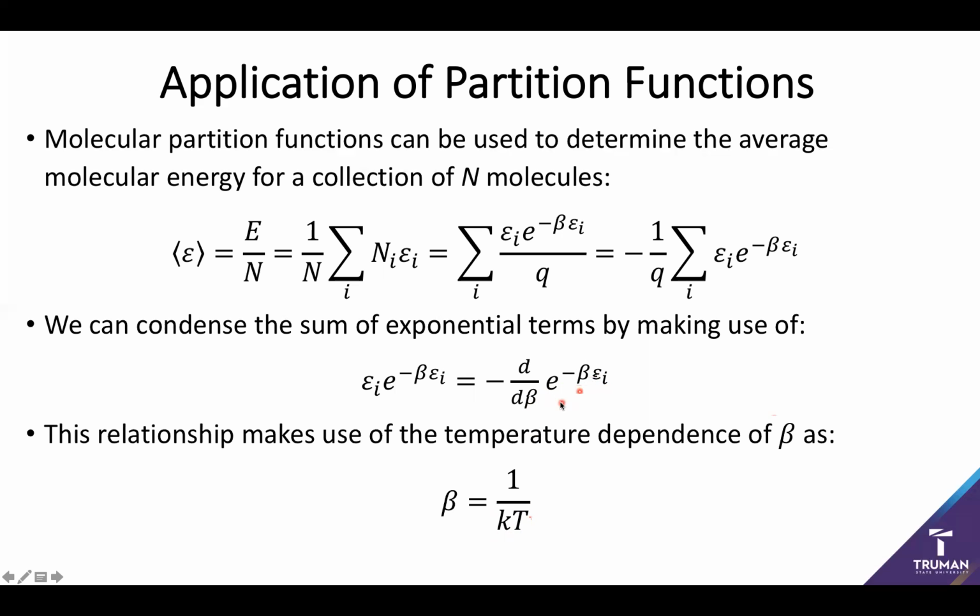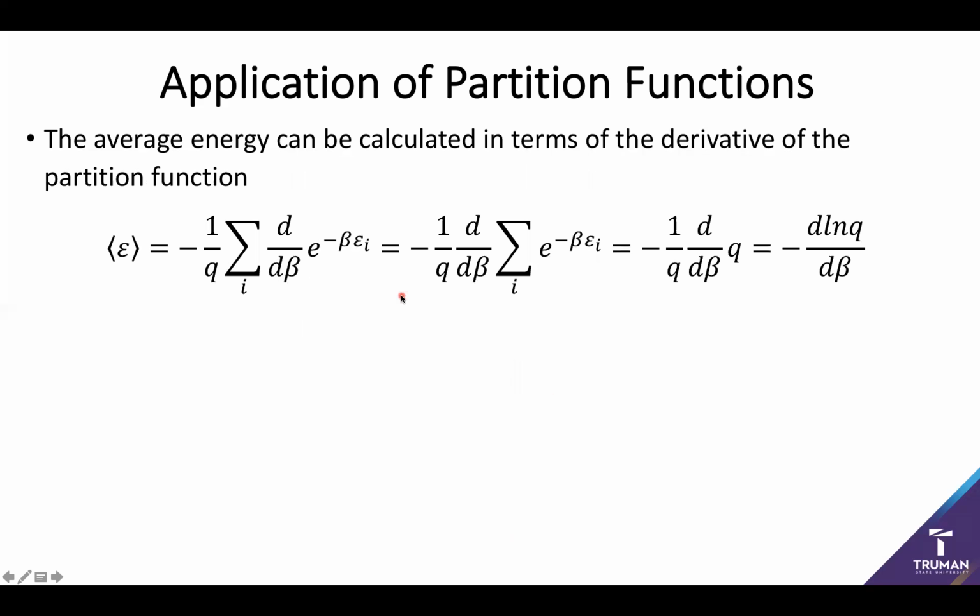So by replacing my energy times the exponential with this derivative function, I can clean up my sum expression a little bit. I've got 1 over q times the sum of the derivative of this exponential function.